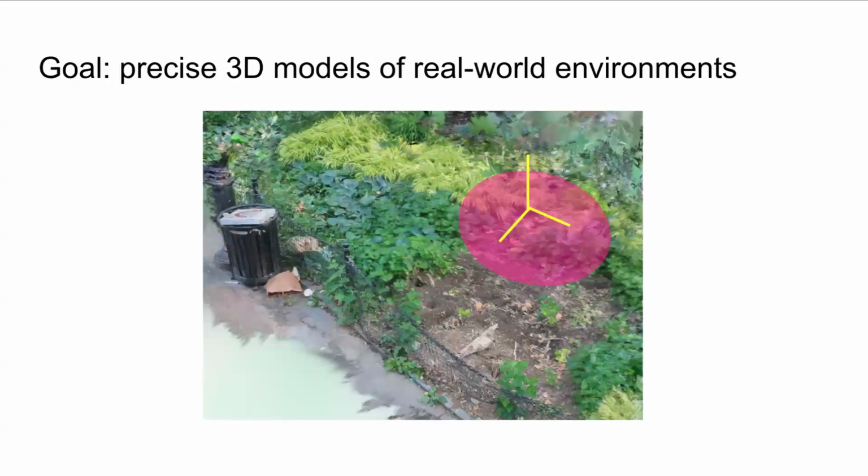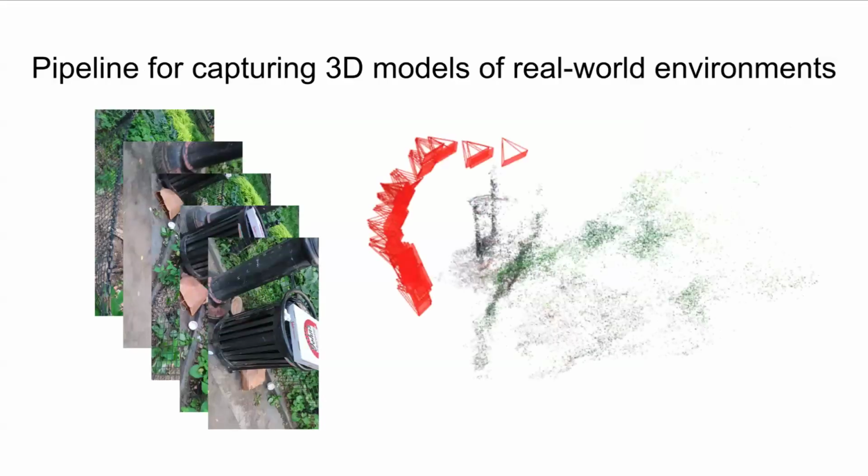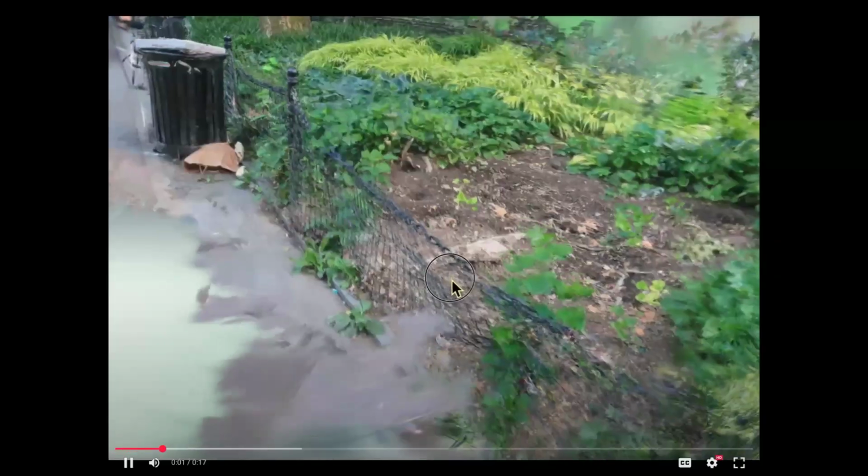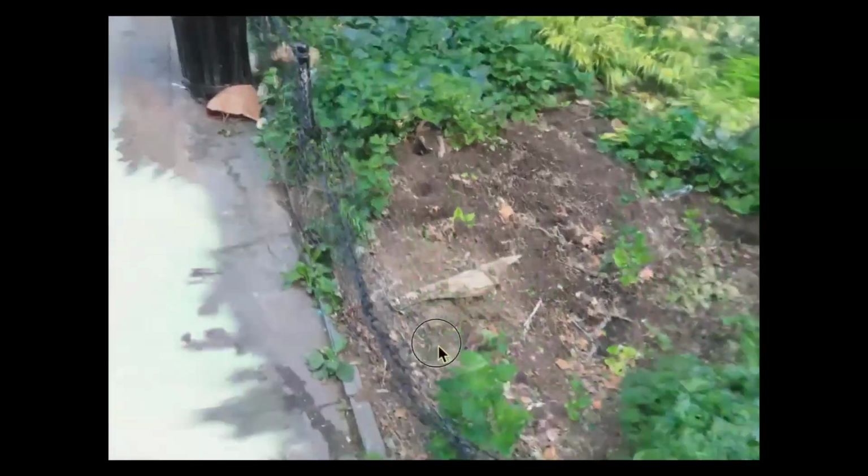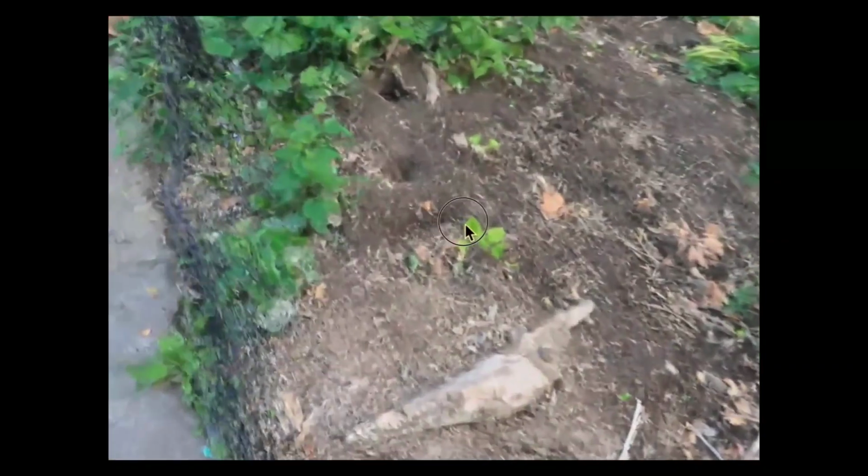So the pipeline for creating this type of model involves capturing pictures from many different camera angles, using the COLMAP algorithm to infer the intrinsic and extrinsic parameters of the camera. So this is where the cameras are and where different features that are shared across the different viewpoints are located. And then by placing Gaussians in each of these viewpoints, you can reconstruct this type of 3D scene.